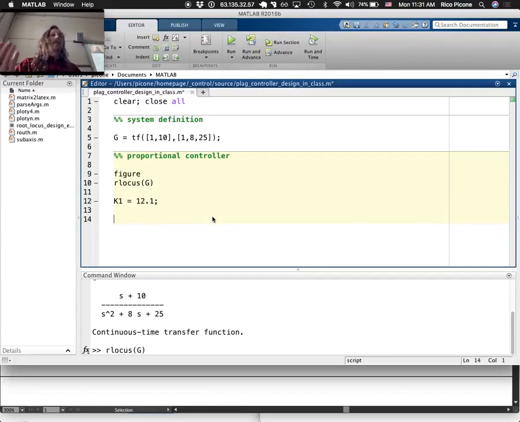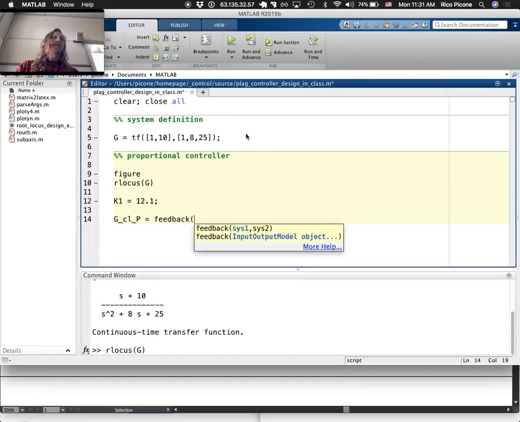So we actually have designed a proportional controller. We're like already done with the proportional controller design. We're going to add a lag compensator, but before we do that, we always do want to find the closed loop transfer function for all of these. So I'll do G closed loop and then proportional controller.